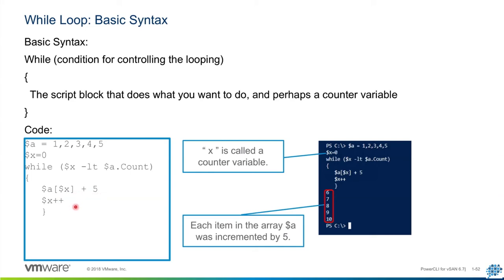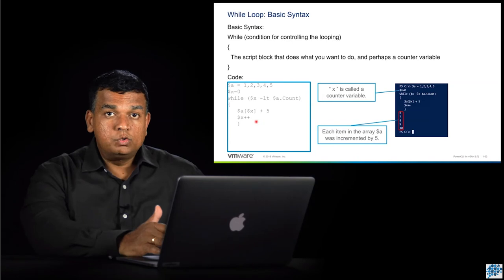And each time I am doing this operation, I am also incrementing the value of x by 1. This $X plus plus indicates that I am adding 1 to the variable called x each time I run the loop. So what does this do?